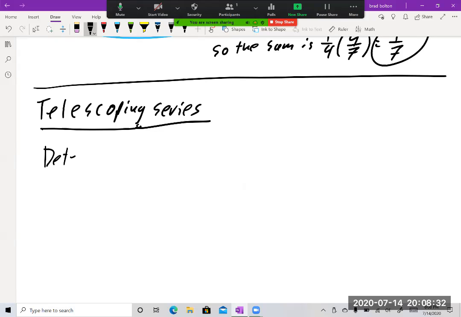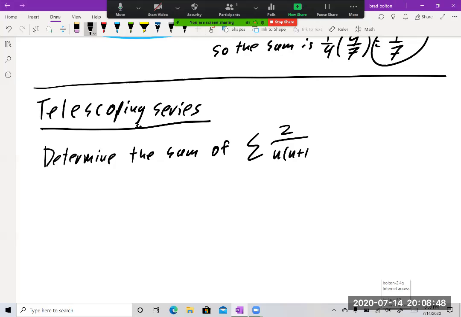So determine the sum of 2 over n times n plus 2. Okay, so let's say that we have determined the sum of 2 over n times n plus 2, all right?